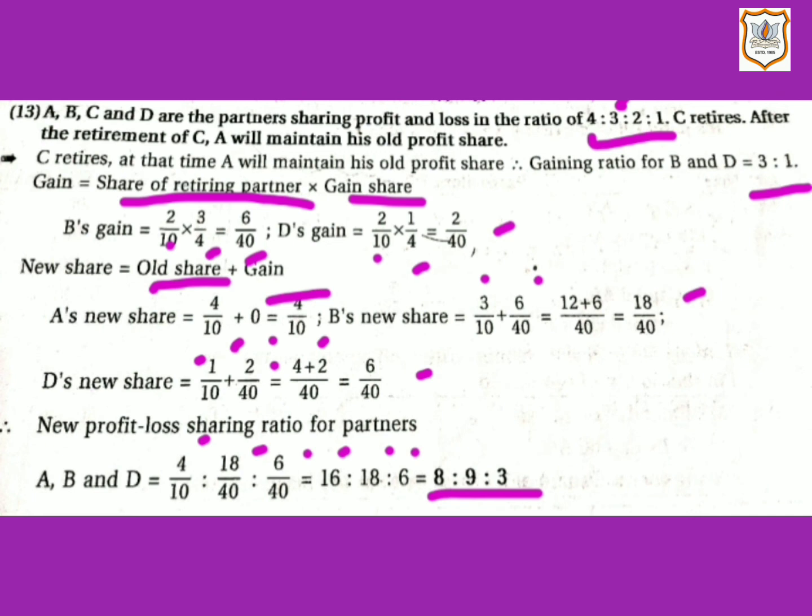So by observing this example, we can say that when the old profit and loss sharing ratio of the remaining partners is continued even after the retirement of a partner, their gaining ratio will also be the same as the old ratio.